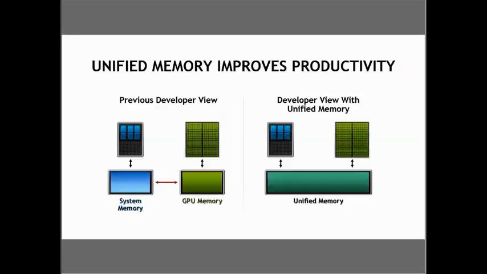So what I'd like to do is just show a slide here to talk a bit about, now that we've added these directives to the code, let's take advantage of unified memory. Previously, before we developed unified memory, you had separate memory spaces you had to worry about, the system memory and the GPU memory. With the introduction of unified memory, we make this one addressable space.